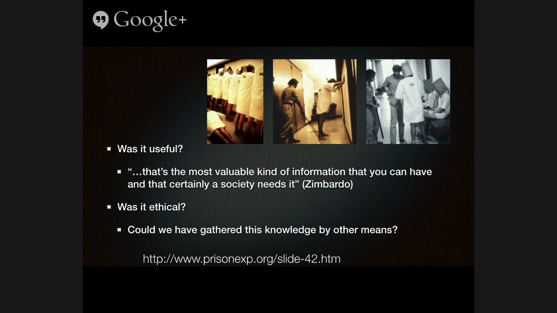The question is, was it useful? Like, did we learn something about the human condition that we wouldn't have learned without this study? Zimbardo says yes. Like, we learned something about how people work that we couldn't have learned without this experiment. Therefore, it was worth it. But really, was it ethical? Could we have gained this information through other means?